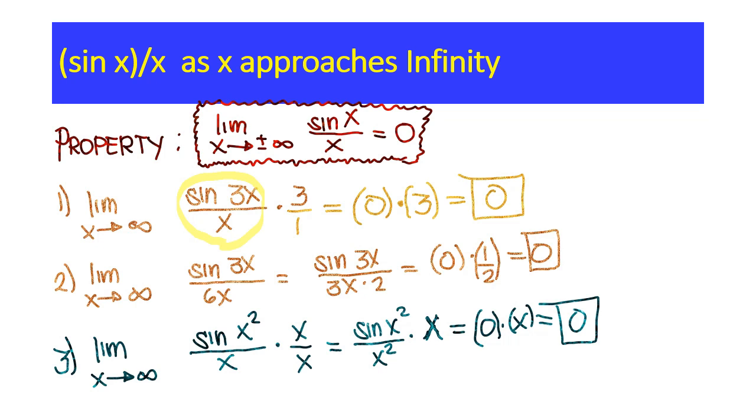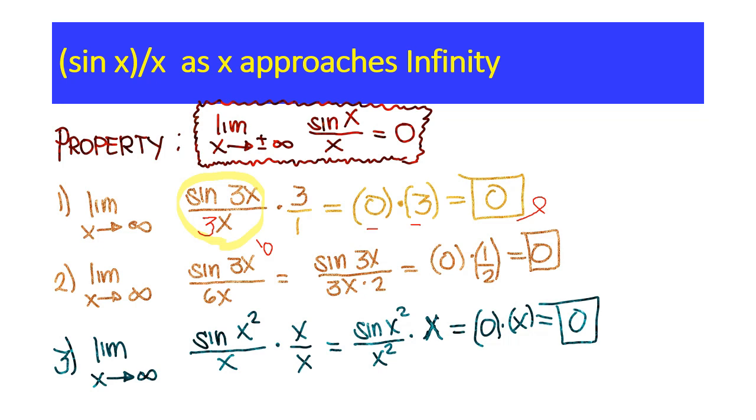So ang atin pong gagawin, we are going to multiply the denominator by 3. At pag ginawa po natin yon, kailangan din natin i-multiply yung numerator by 3. In that way, we are not changing the value of the original function. Therefore, if this already falls on the property, this becomes 0. And 0 multiplied by 3 is equal to 0.